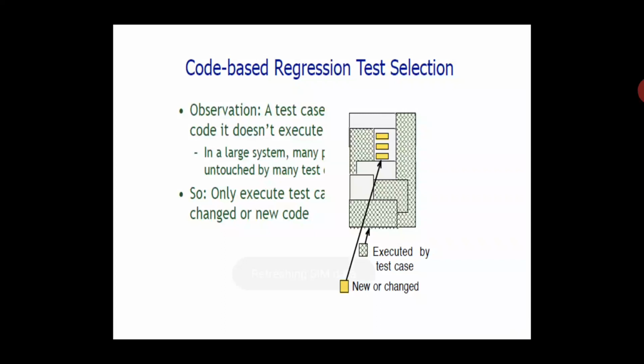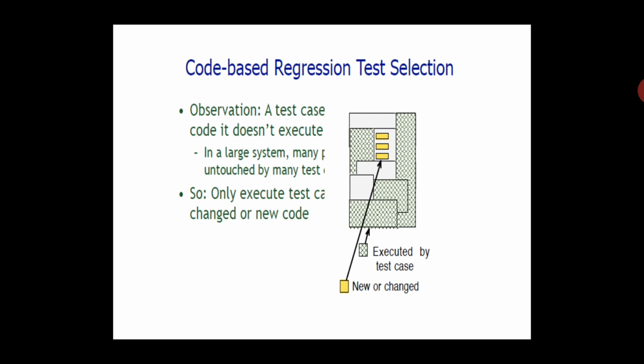If you added some code or made any changes, that corresponds to this yellow colored box, so that is the changed portion. Another area apart from that is considered normal test cases. There is no need to execute normal test cases, only the test cases for the colored portion here.